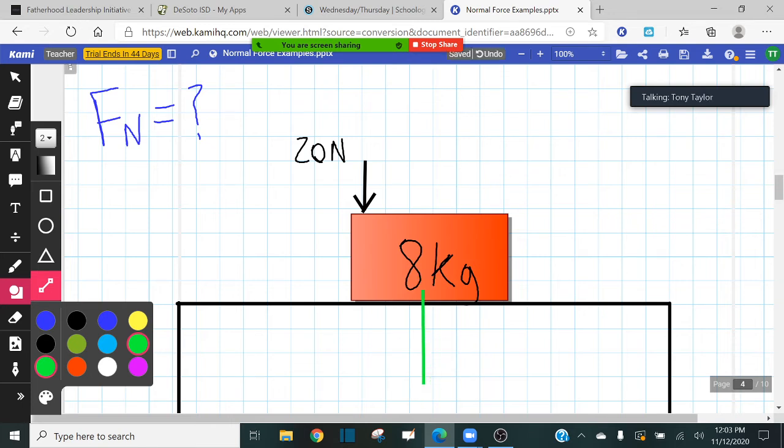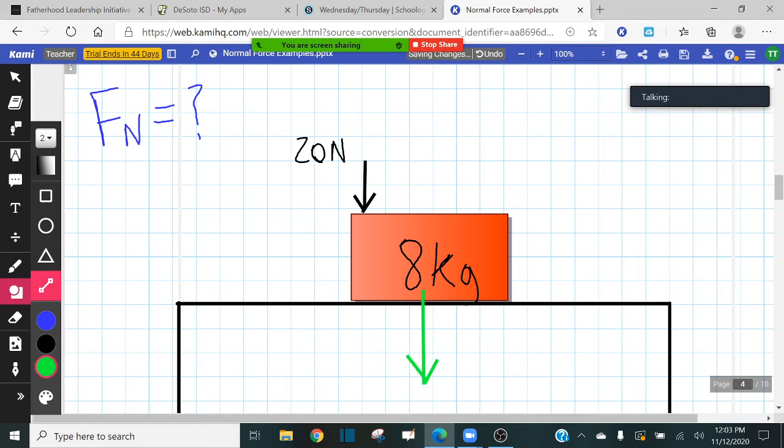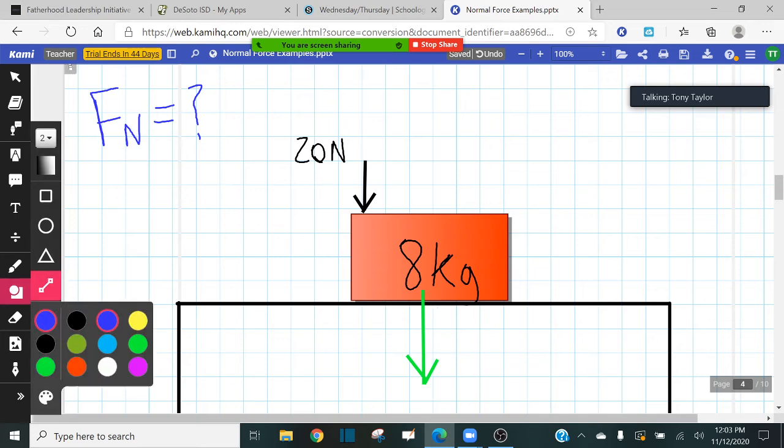And there's also the normal force between these two surfaces. So this table here is pushing up on the red box with a force. And again, that is our normal force.